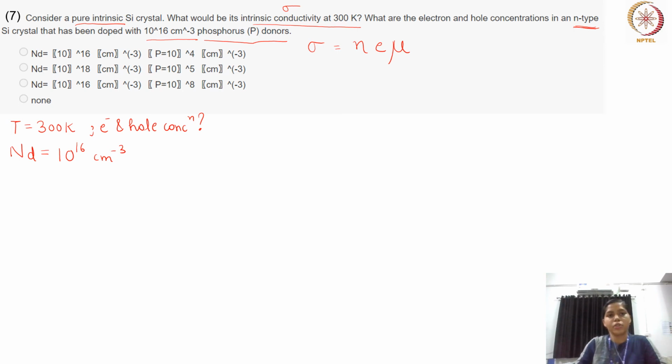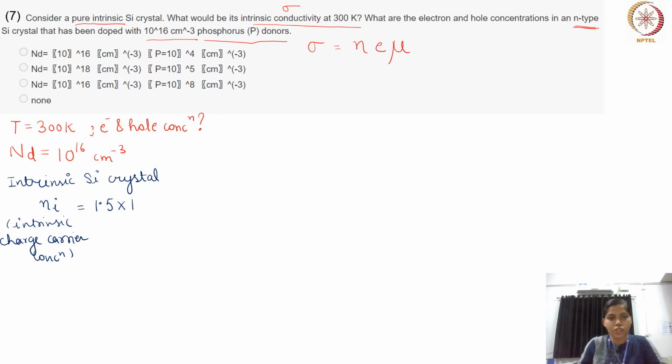So let's start. One more thing is that they have given a pure intrinsic silicon crystal, and we know that for an intrinsic silicon crystal, the value of Ni, that is your intrinsic charge carrier concentration, is 1.5 into 10 raised to the power 10 per centimeter cube.